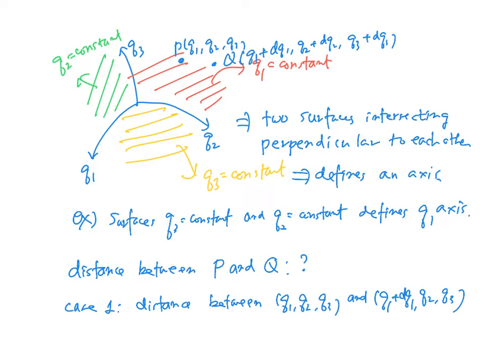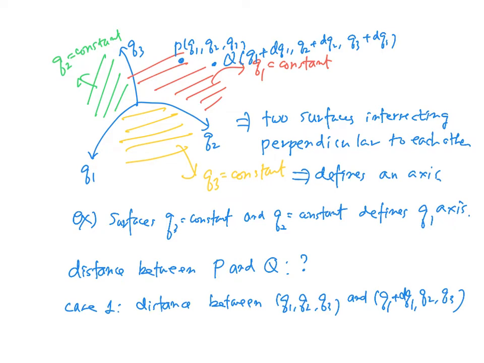We have considered the case for the cylinder that if the radius is rho and this is phi, this distance is approximately rho delta phi. So if the coordinate is non-Cartesian, the distance is a little bit more complicated.